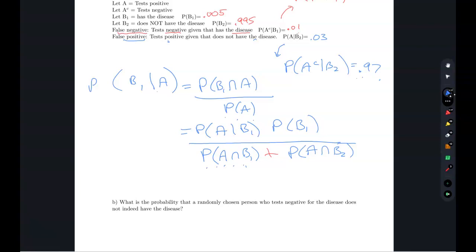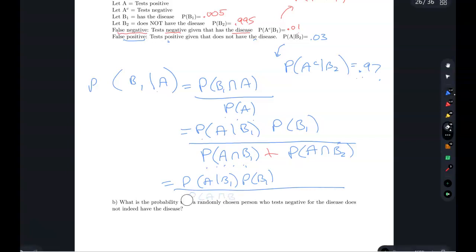This is A given B1 times the probability of B1, plus the probability of A given B2 times the probability of B2.